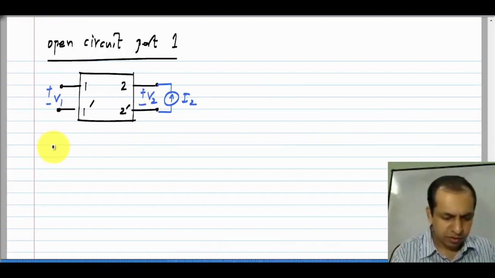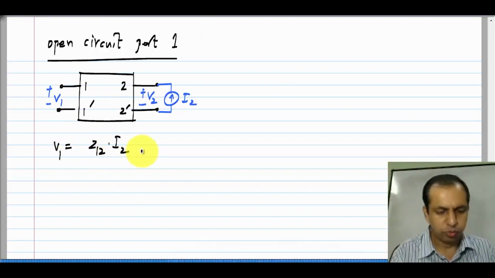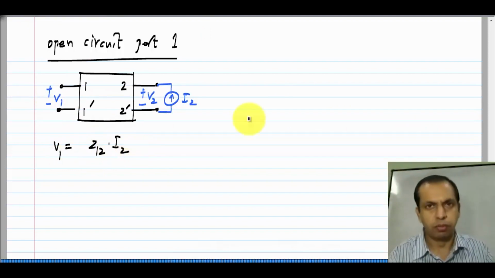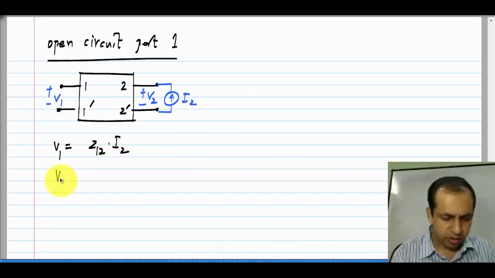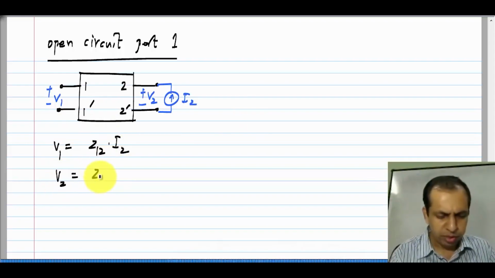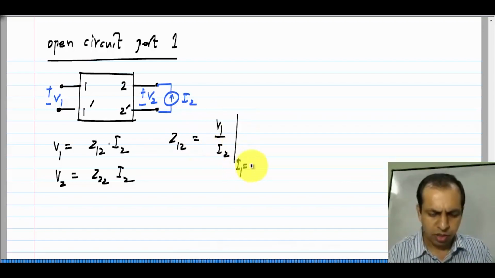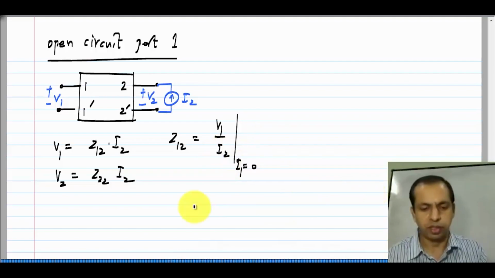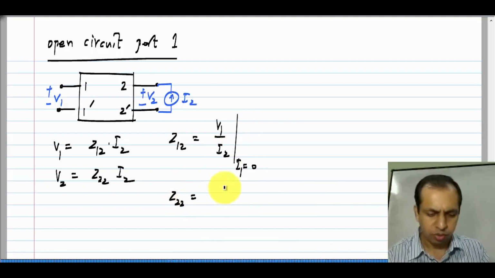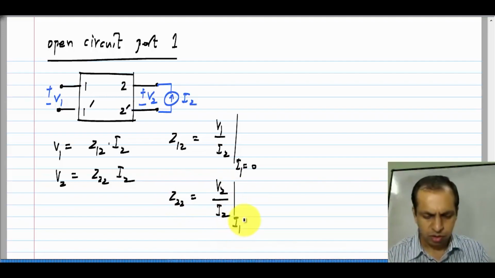So, the first equation reduces to V1 equals Z12 I2, because Z11 I1 is 0, because I1 is 0, and V2 will be Z22 I2. So, from these we get Z12 to be V1 by I2 with I1 set to 0, that is port 1 open circuited, and Z22 is V2 by I2 with I1 set to 0.